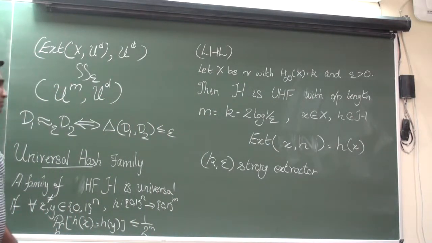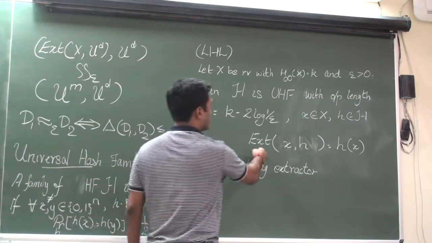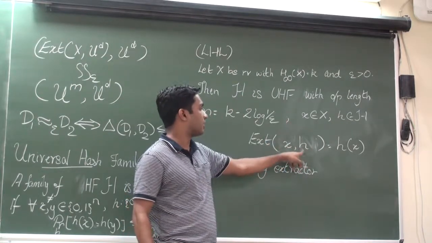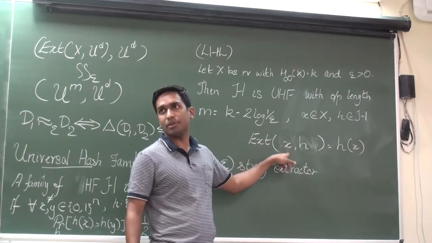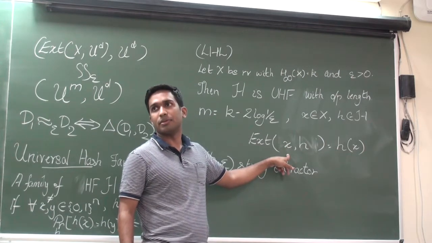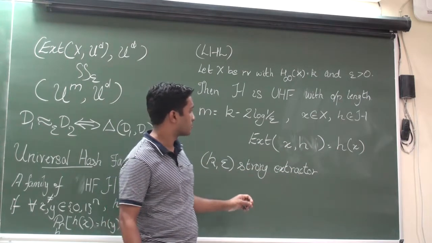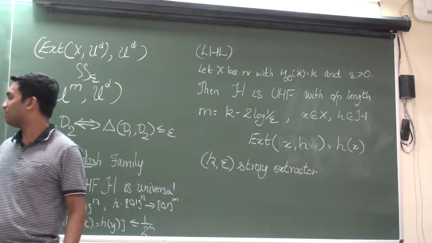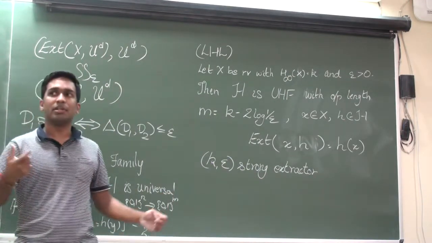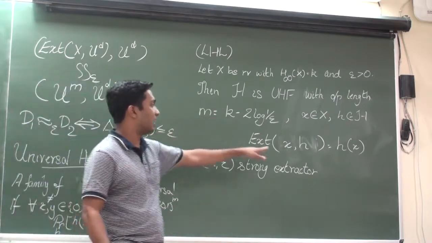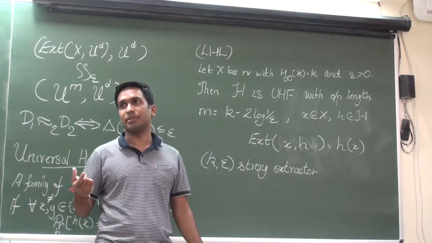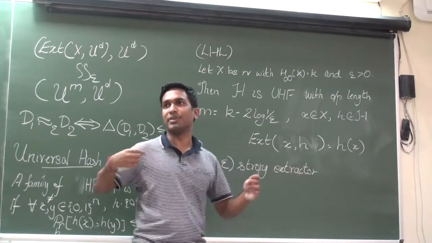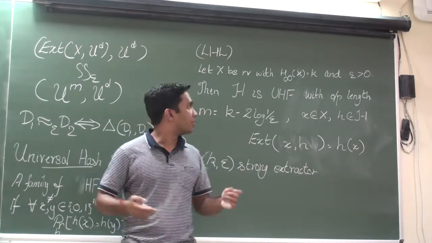Is it a description of the function? Yeah, so your extractor takes a hash function and an input. And that small h is a description of the function h. So this h over here is just the index, and you're choosing it randomly.